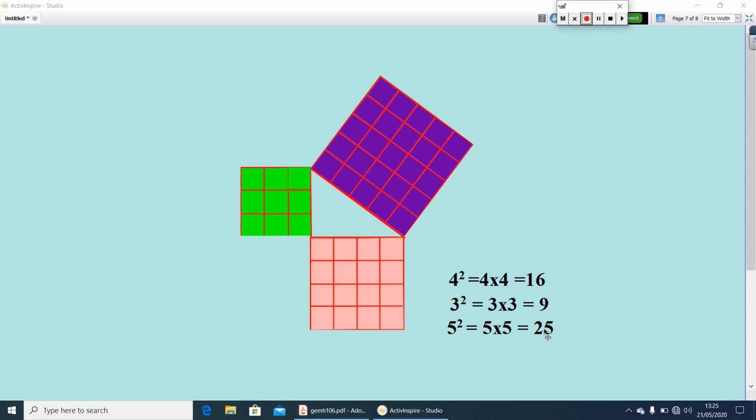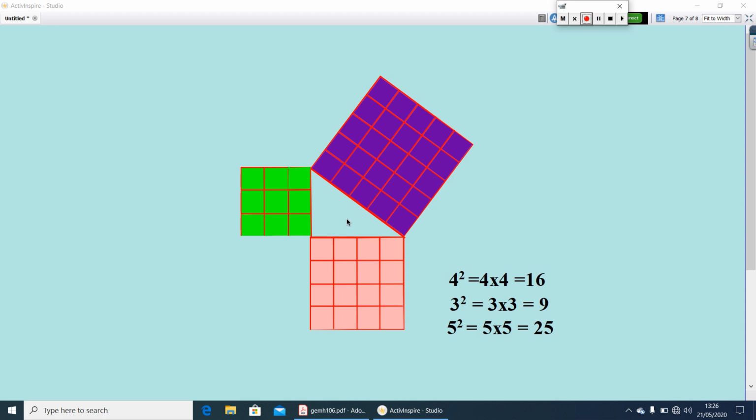That is, the square on the hypotenuse is equal to the sum of the squares on the other two legs or other two sides. Or in other words, if the sum of the squares on the other two sides is equal to the square on the hypotenuse, you can say that the triangle is a right angled triangle.